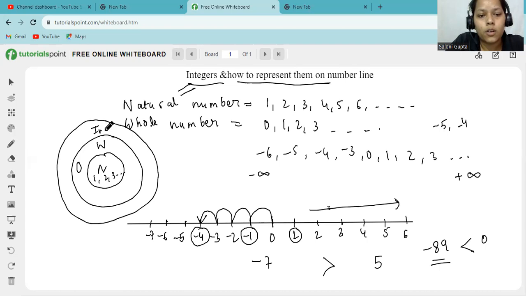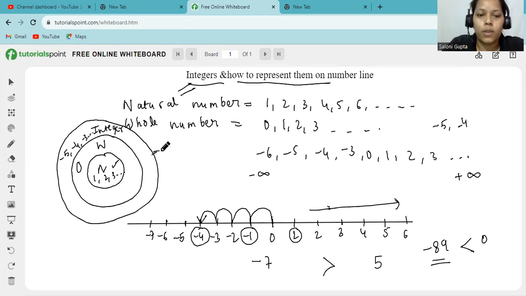So this is the family of integers, where -5, -4, -3 and so on come. You can remember it this way: in the natural numbers, only positive numbers; in the whole numbers, 0 is included. This shows that all the natural numbers are also whole numbers, and all the whole numbers are part of the integers.